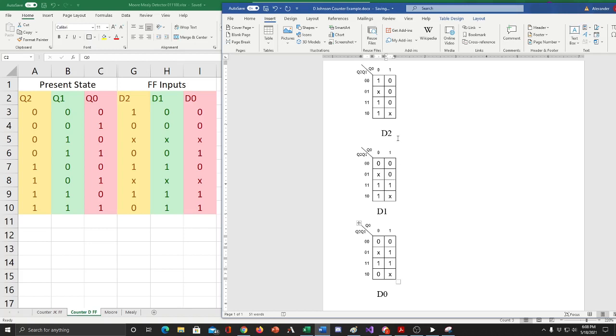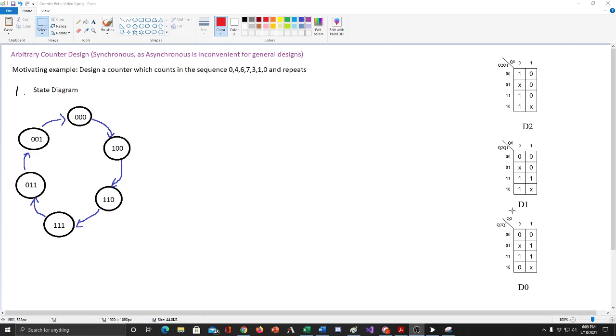Because of this particular counter that we're looking at, these expressions turn out to be very straightforward. So let's construct those. This Kmap turns out to be fairly easy to circle. We have 3 1s that we need to circle there, and we can get them in this group of 4.